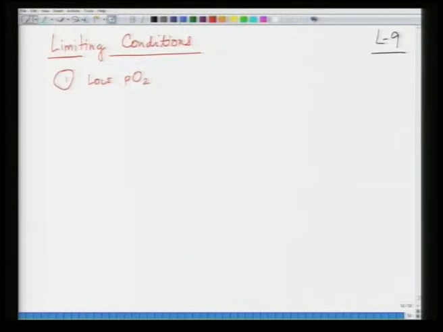The first limiting condition is when you have low PO2 conditions, that is, according to our particular oxide, you have oxygen deficit, that is VO dominates.